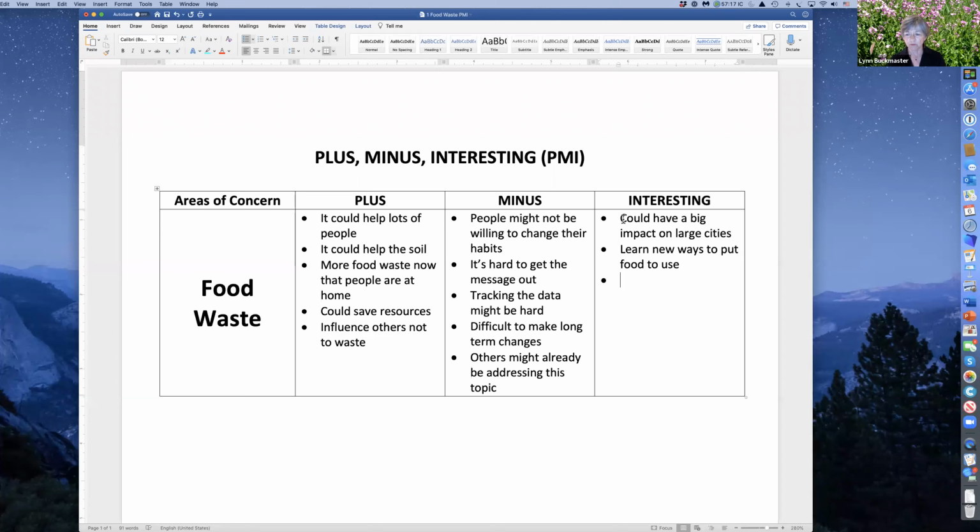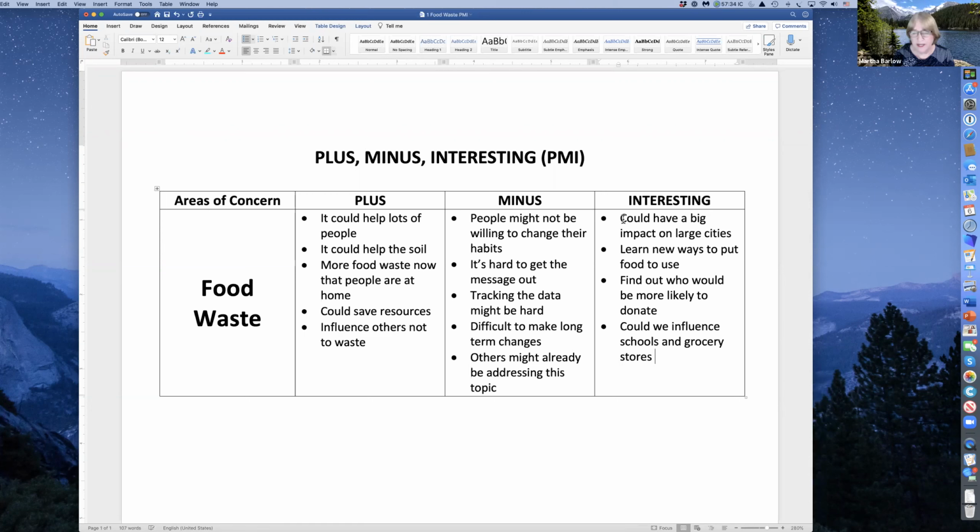Find out who will be more likely to donate. Could we influence schools and grocery stores as well as families? Okay, we'll stop there.